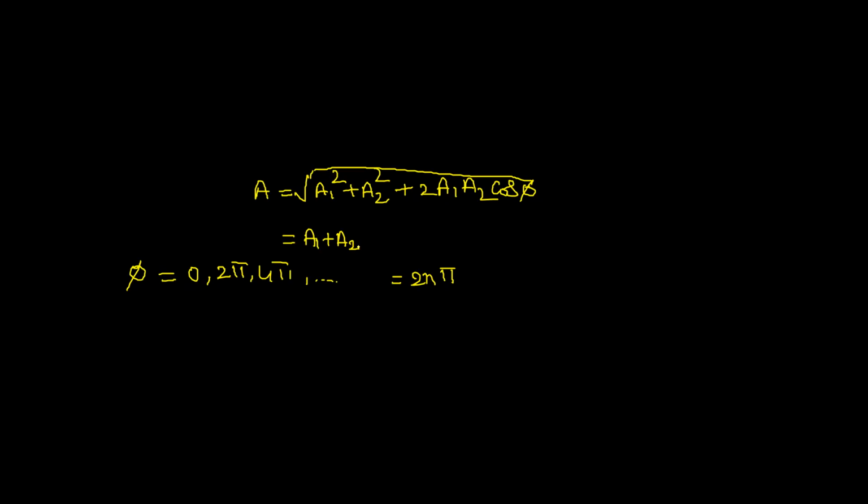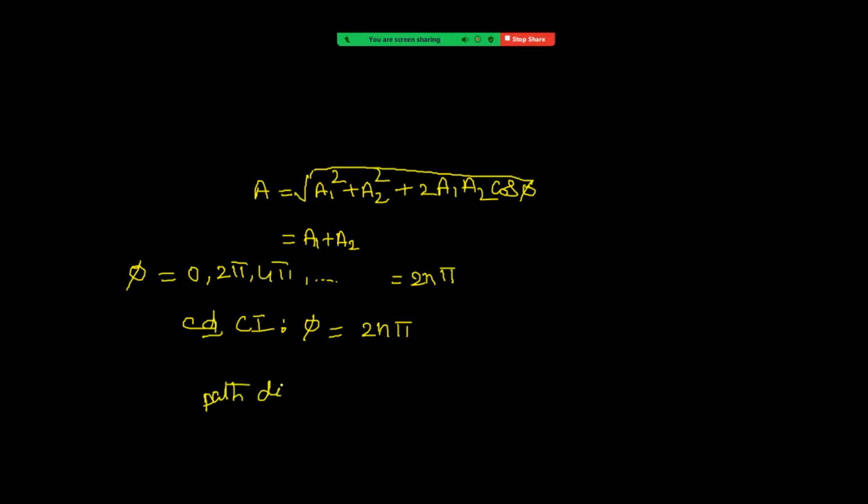So the condition for constructive interference is that the phase difference phi equals 2n pi, or the same thing we can write in terms of path difference.